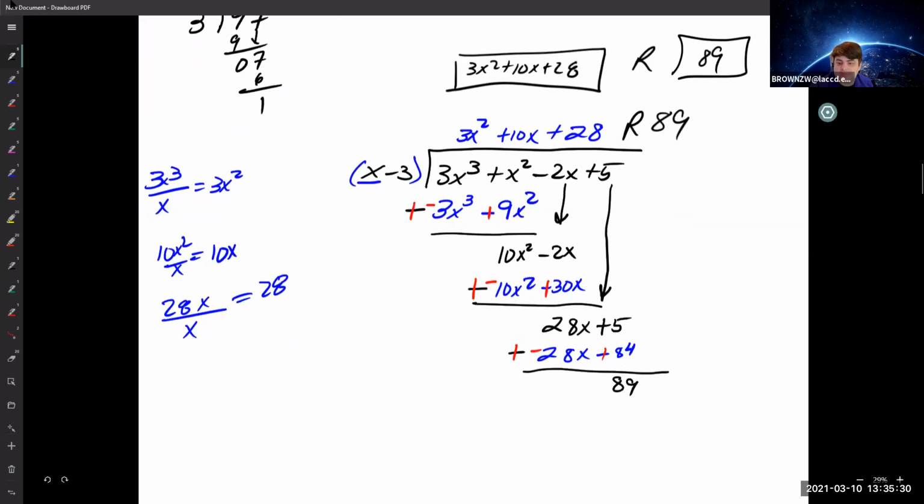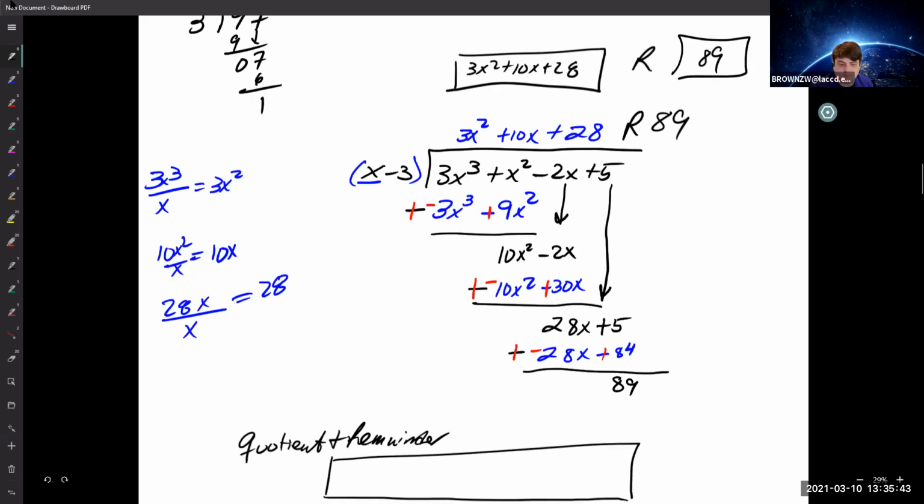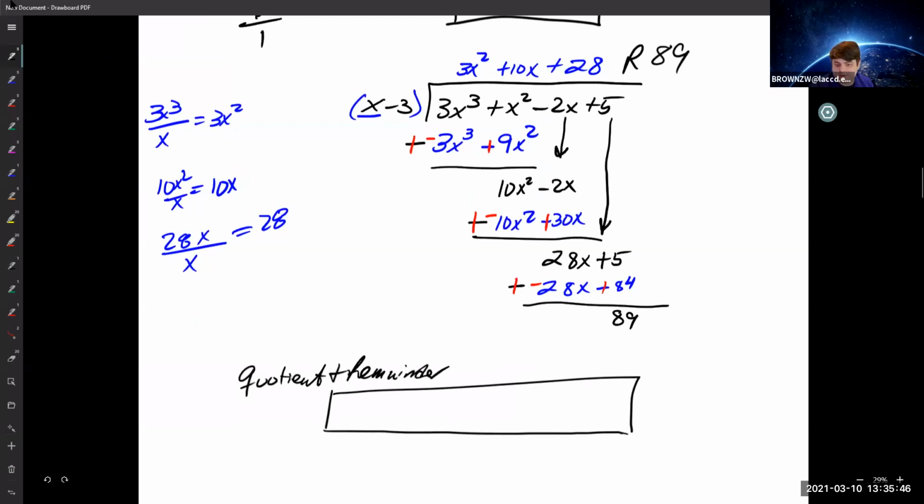The other time you'll be asked to write it as what's called quotient plus remainder form, where you'll just be given a single box. Here's how we do it: we write this answer here, 3x squared plus 10x plus 28, and then the remainder portion is plus my remainder of 89 over whatever my original expression was that we were dividing by.